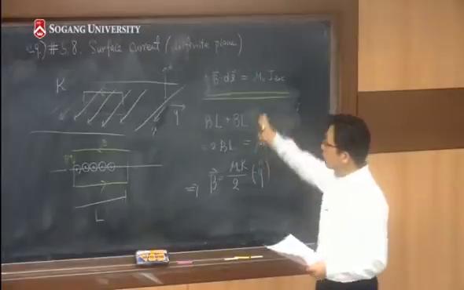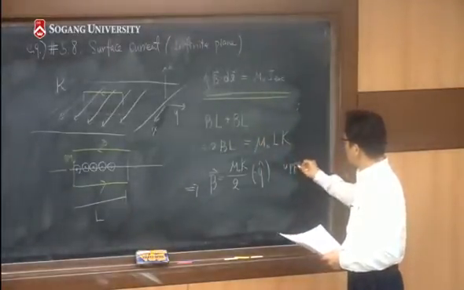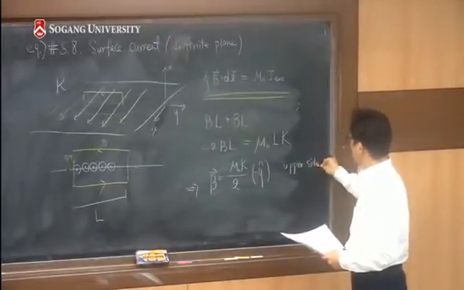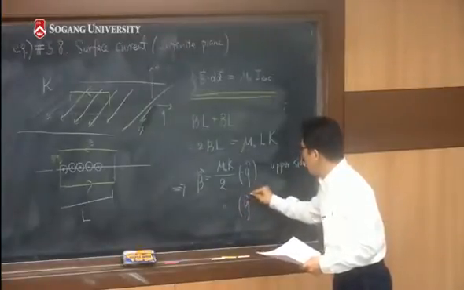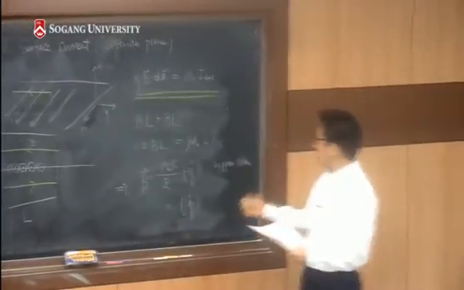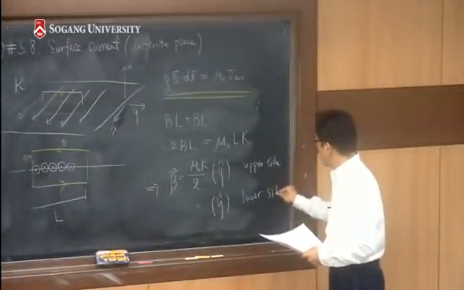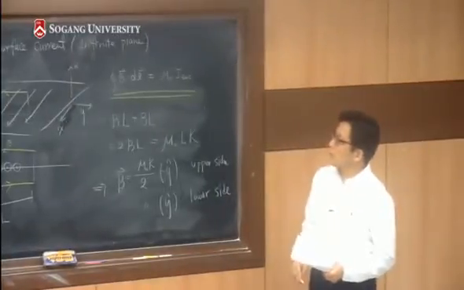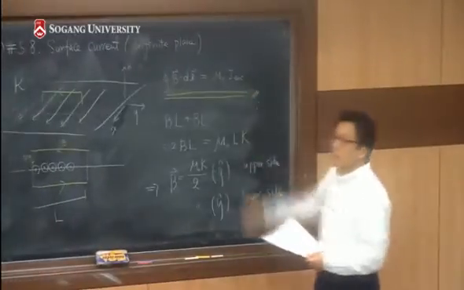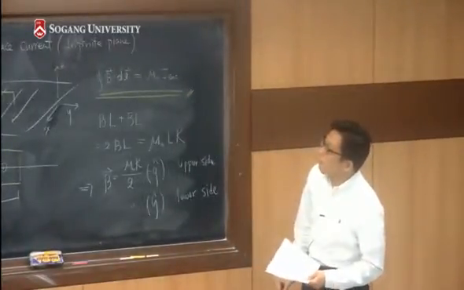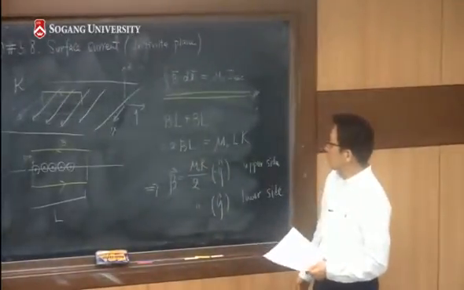Minus y direction in the upper side of the plane, and with the same amount, you will have a y-directional magnetic field in the lower side of the infinite plane in this case. Okay, so in this way, by applying Ampere's law, you can find the strength of the magnetic field in a rather simple way.